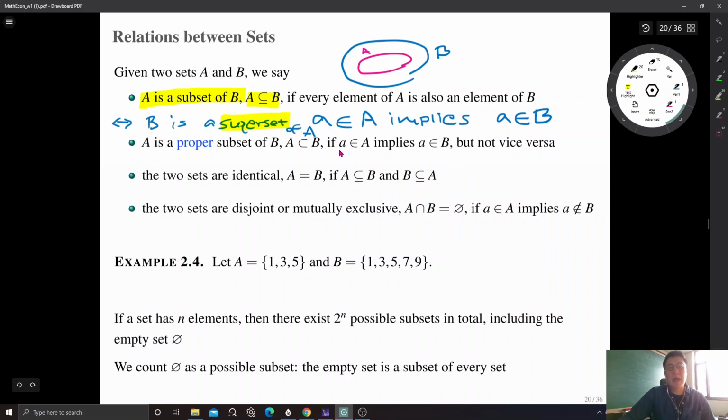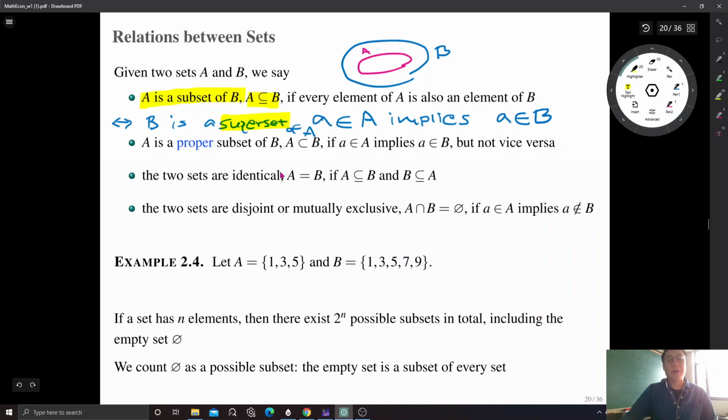It means if a is an element of set A, then a has to be an element of set B as well, but not vice versa. The first statement allows the other way as well, where sets A and B are equal to each other. That is the third bullet point.